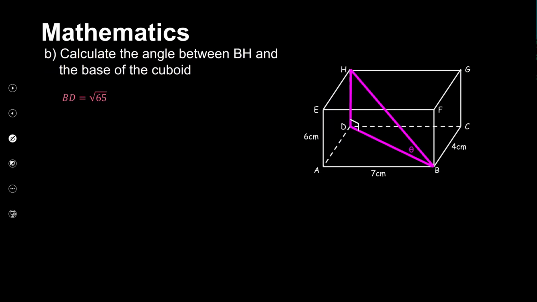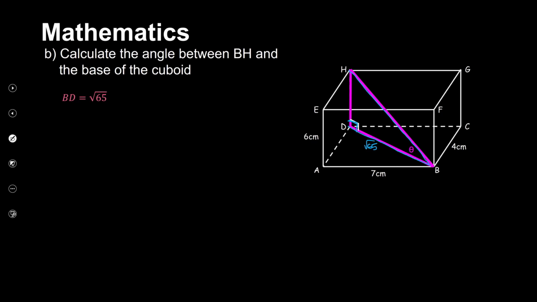Let's go to our next question. Now they've asked us to find the angle between BH, which is this line here, and the base of the cuboid. So they want the angle between that and that. Remember earlier we found this BD to be the square root of 65. Because this is a vertical plane, it's perpendicular to the horizontal plane or the floor of the cuboid.